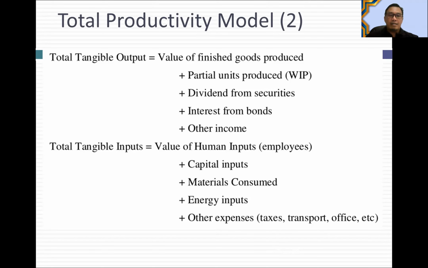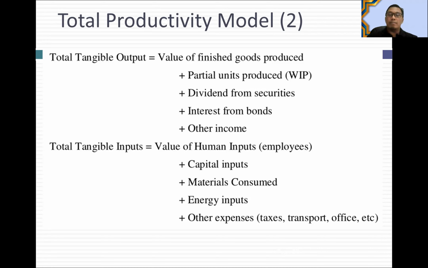On the other hand, for the total tangible inputs in the Sumanth model, the first one is the value of human inputs, which is similar to employee costs, maybe.